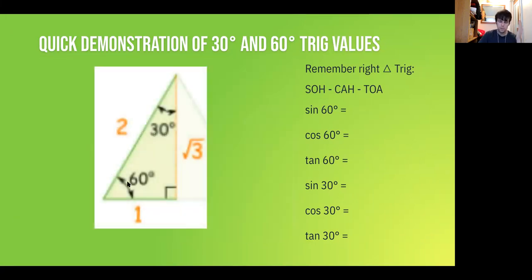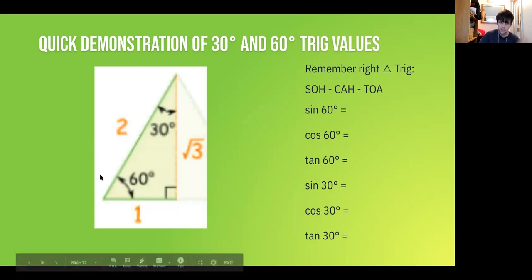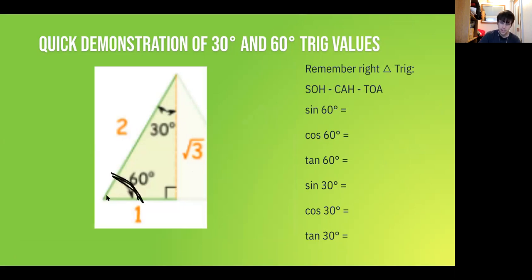Once we have our 30, 60, 90 triangle and our side lengths, it's easy to see that the sine of a 60-degree angle is the opposite over the hypotenuse. It's √3/2.